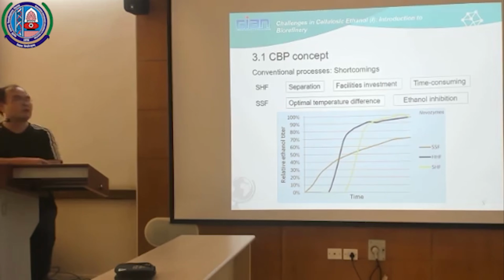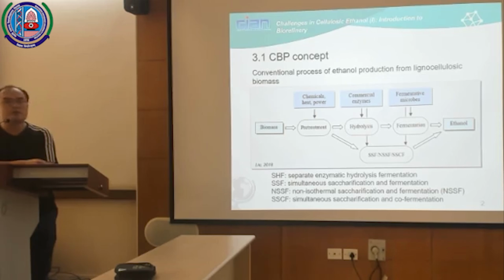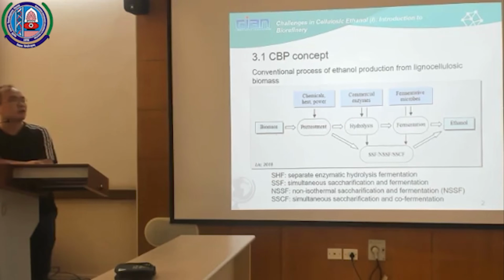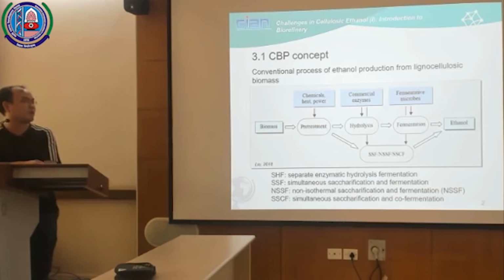It's a lot of investment, and we usually consume much more time, because hydrolysis usually takes 2 to 3 days, and fermentation also needs 2 days. So totally we need 5 to 6 days to produce ethanol from biomass.